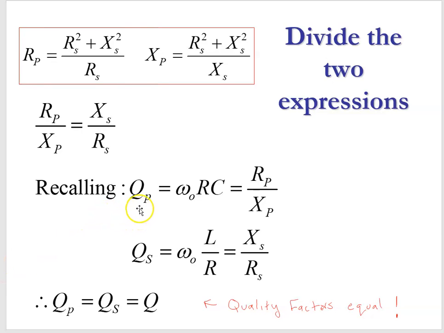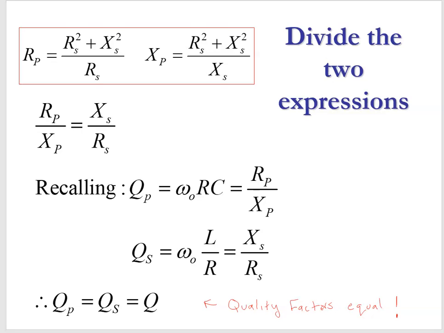And if you recall, our quality factor is Rp over Xp in parallel, and in series it's Xs over Rs. Essentially what we've done is we've set the quality factors equal for the two circuits. So that's the relationship with quality factor.